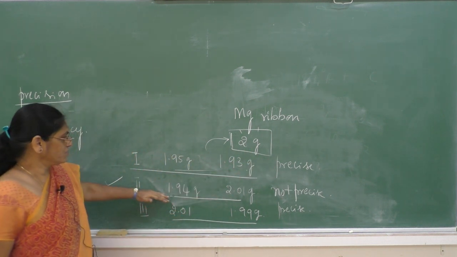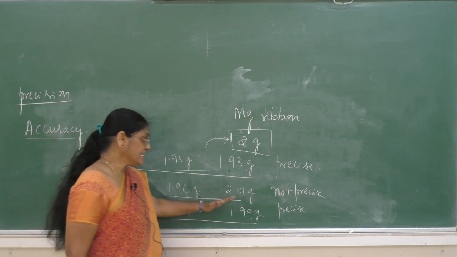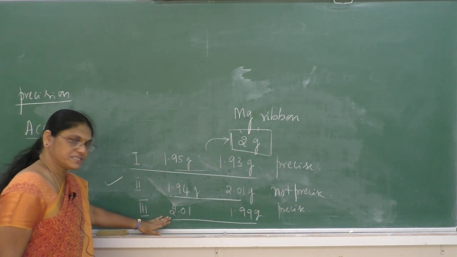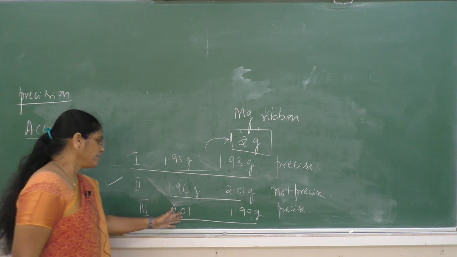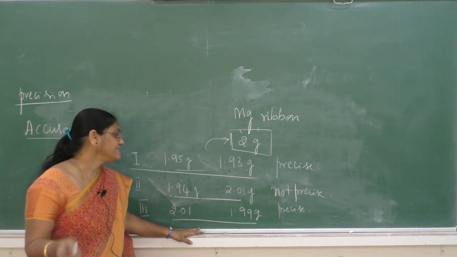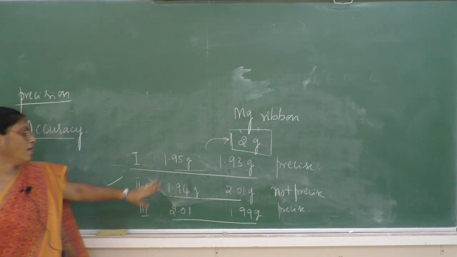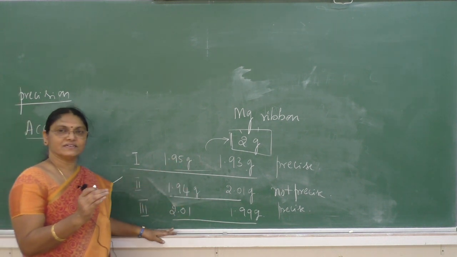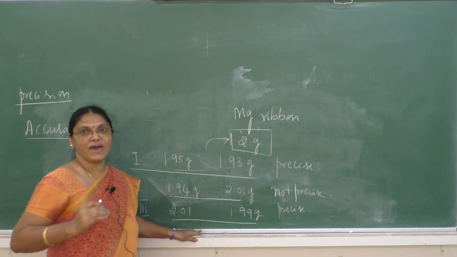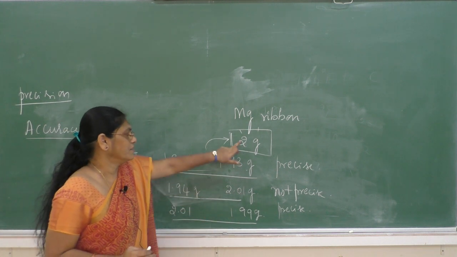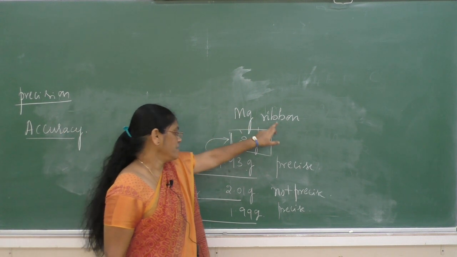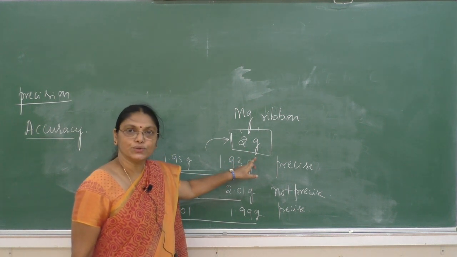The second student's measurements are neither precise nor accurate, but the third student's measurements are precise as well as accurate. Accuracy is the closeness of the measured value to the true value. The third student's values are close to the actual value of the magnesium ribbon, that is 2 grams.